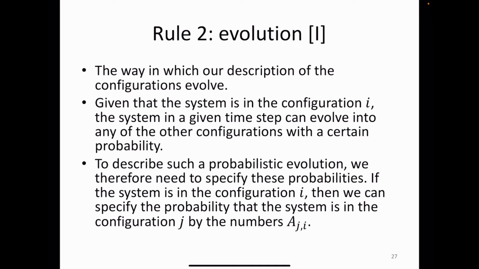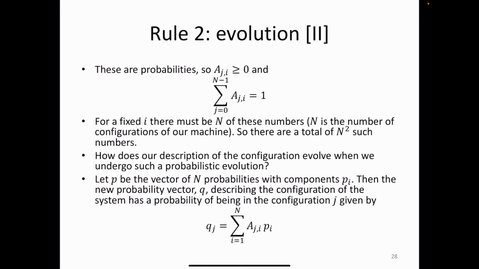I think it's always more useful when we look at an example. So here, this is just the summary of the probabilities. A sub j, i must be greater or equal to 0, and must sum to unity, as we had before.